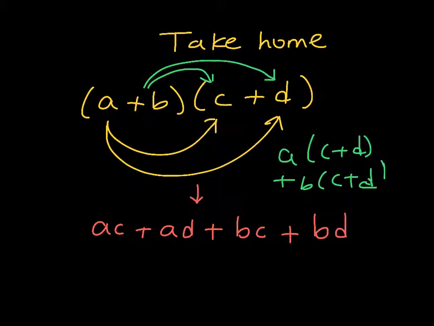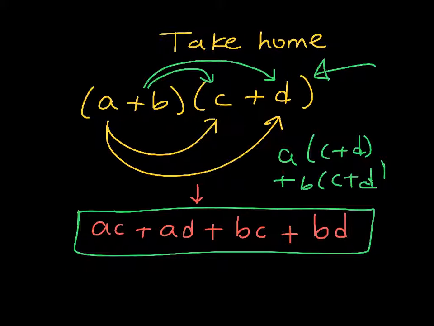The second method is where you take the contents of the first bracket and then you apply it to the contents of the second bracket. So a multiplies c, and then a multiplies d, and then b multiplies c, and then b multiplies d, and then it gives you this form of expression.